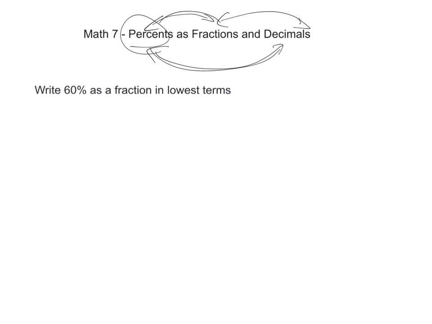Okay, so the first percent here is 60%, and we want to write it as a fraction. So I'm going to underline the word fraction. That's the key idea here. We're trying to write 60% as a fraction. Now the first thing that's really key is I'm hoping you recognize that percent means out of 100.